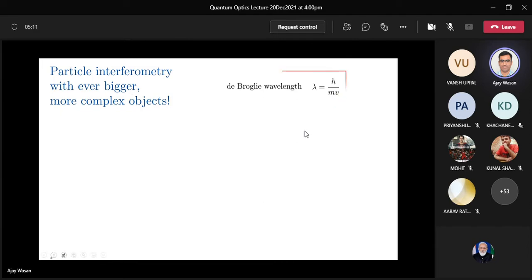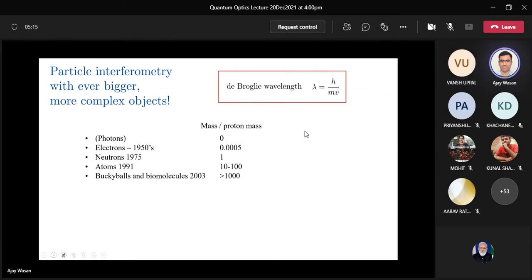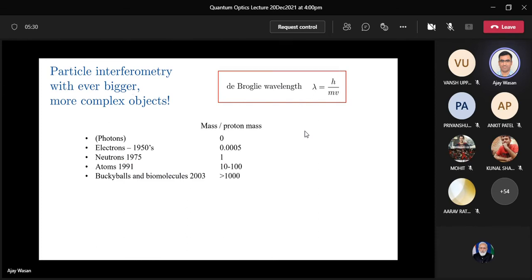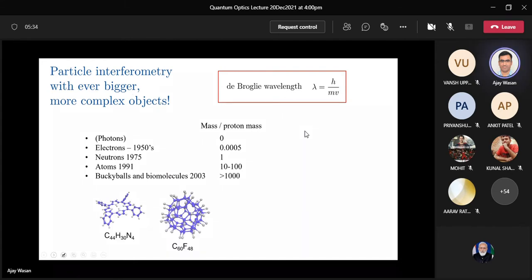So, very famous equation. Here I'm just showing some particles, for example, photon, which has zero mass. Electron, I'm writing all these masses in terms of proton mass. Electron mass, it was discovered in 1950, neutron, atoms, and so on. And I'm showing the big buckyballs, very heavy molecules.